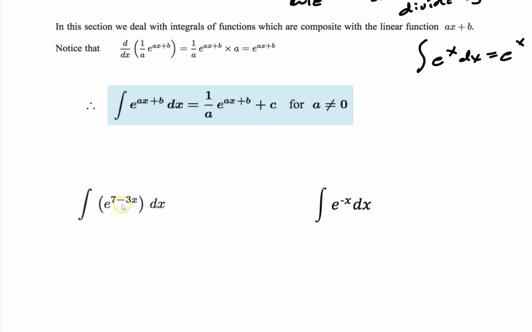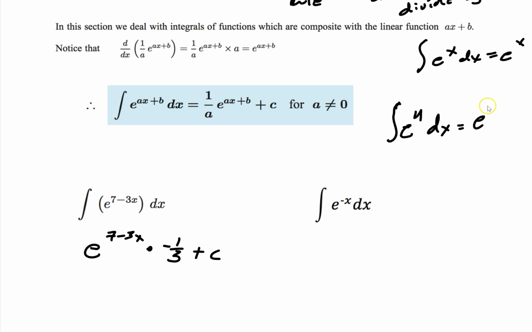So I see this e, and we have the same idea with e. Just copy it. It's an e. And then times by, divide by, derivative of the inside. So derivative of the inside here will be -3, so times -1/3 plus c. So that's how we want to do our e's. So let's say we integrate e to the u dx.